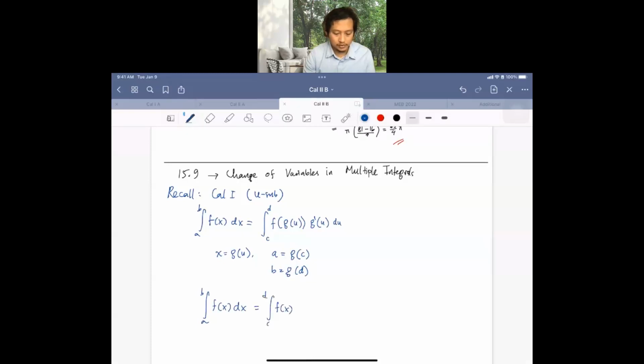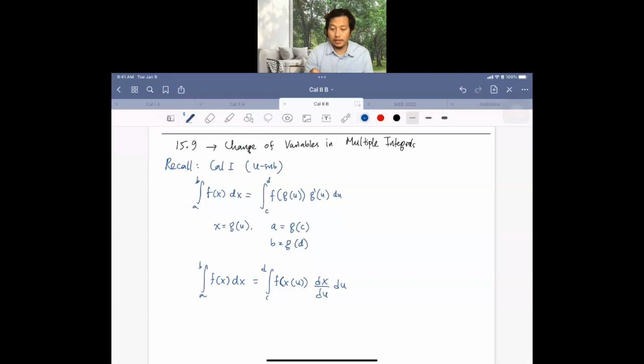So f of x of u, and then dx over du, and then du. Perhaps the last one is the preferable method that we usually use in chapter 5 in integrals, right? So this is a change of variables in the early chapter of calculus 1, right?